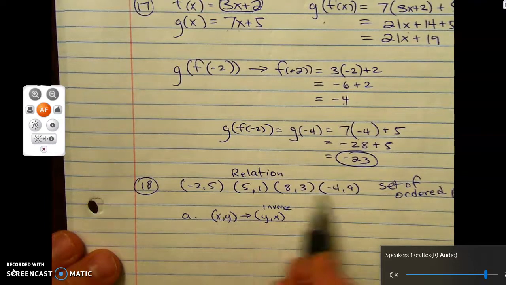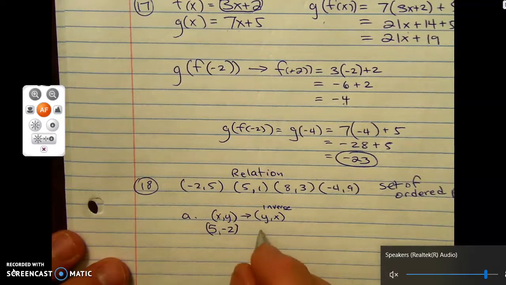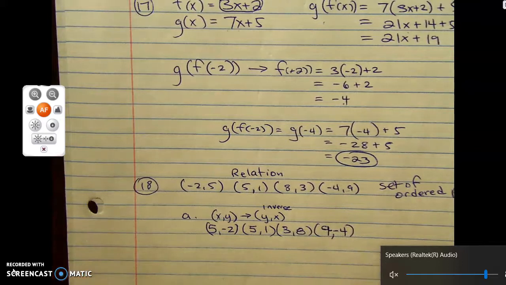Okay, so take all these ordered pairs and just switch them. So 5, -2, 5, 1, 3, 8, and positive 9, -4.